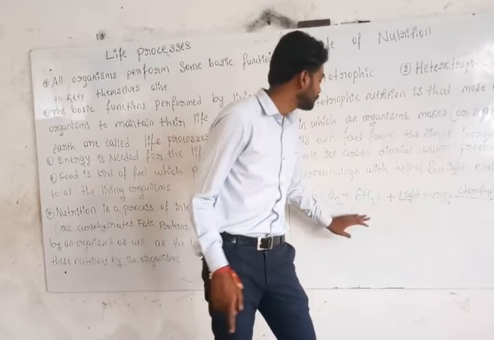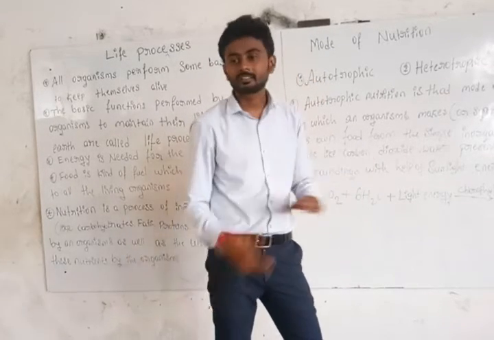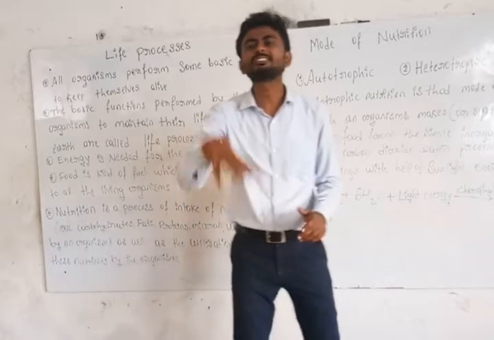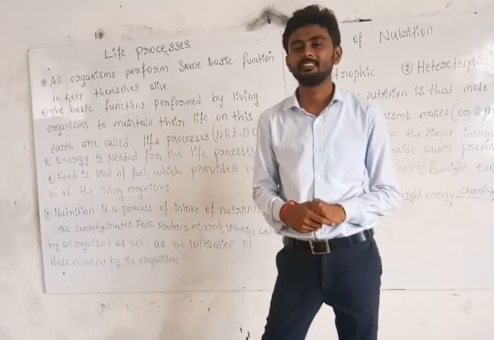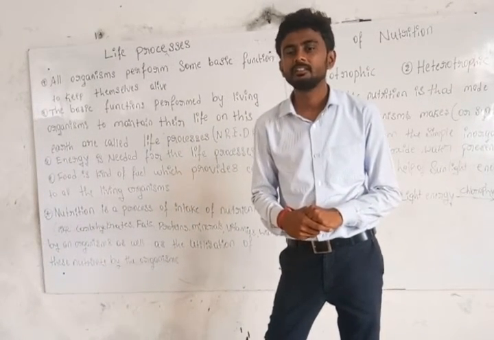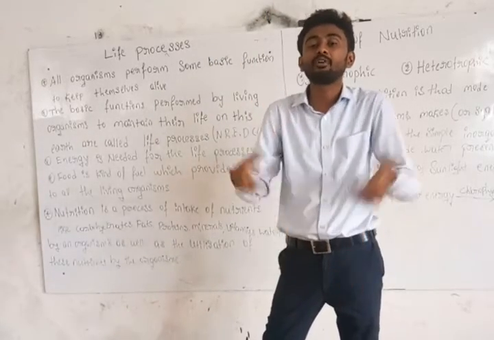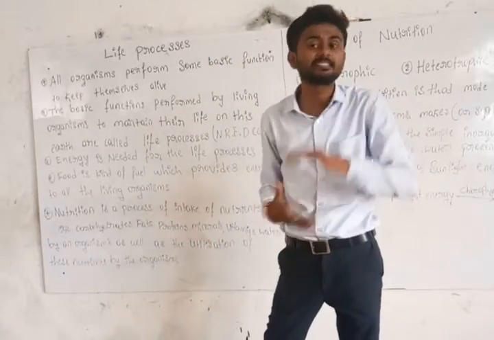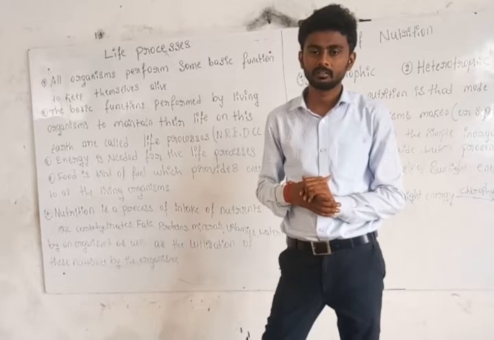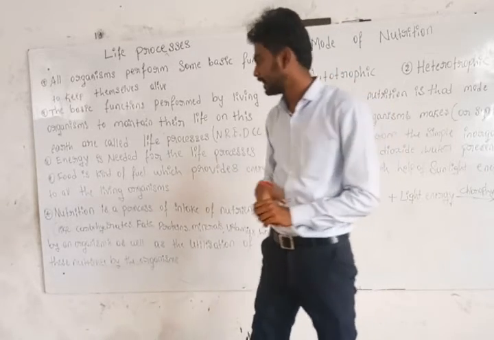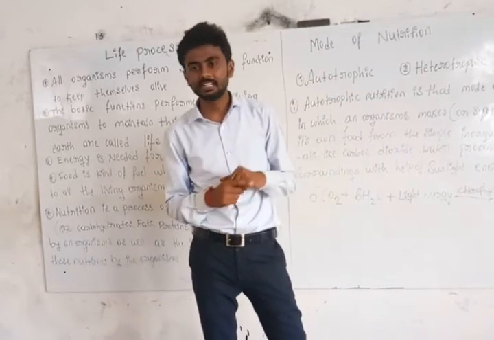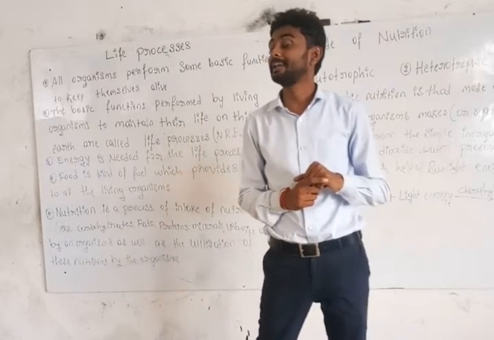And also the plants use water. The roots absorb the water. Yes, sir. Do you know root system and shoot system? The roots absorb the water with the help of root hairs. Yes, sir. We already understood this in the 9th standard, with the help of epidermal cells.